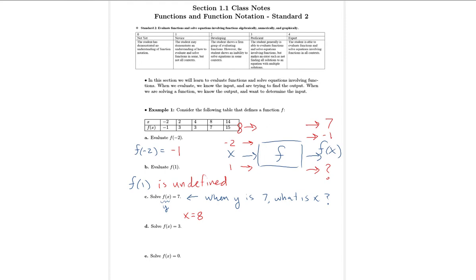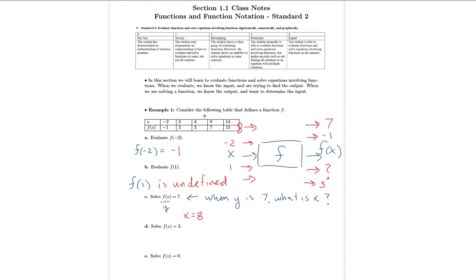All right, f of x is equal to 3. Okay, so we want to know, if I put a 3 here as the output, what could 3 have come from? Well, the answer here is a little more complicated. If I look in the table, there are 2 places 3 shows up as a y value, and it comes from 2 different x's.